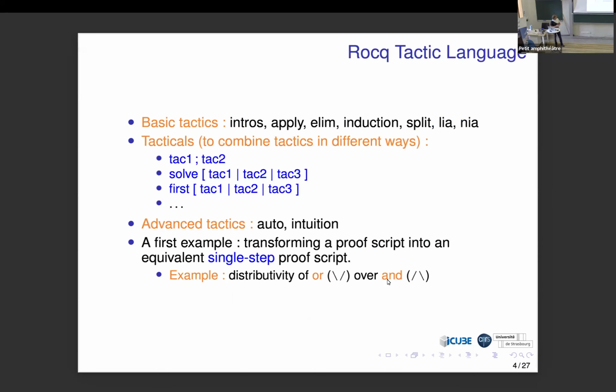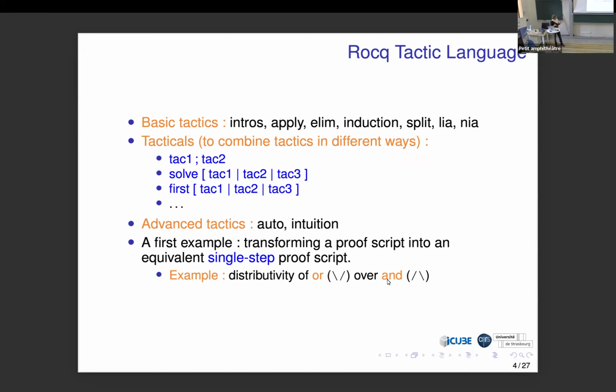Okay, so for those who are unfamiliar with the Rocq tactic language, you have basic tactics: intros, apply, elim, induction, split, lia, nia, whatever. You have tacticals, which include the semicolon, the square bracket, the pipe. And you have some subtle stuff.